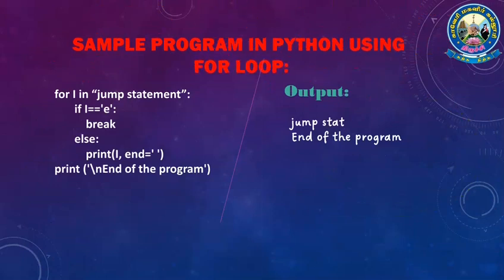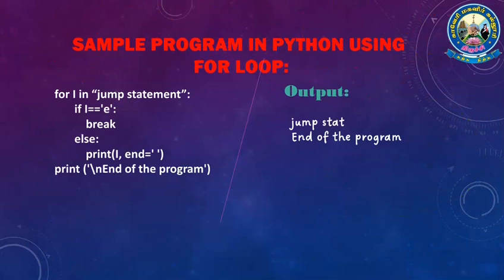Sample program in Python using for loop. For i in "jump statement": if i equals "e", break, else print i, end. Then print end of the program. Output: jump stat, end of the program. Here i refers to the loop variable and "jump statement" refers to the value.